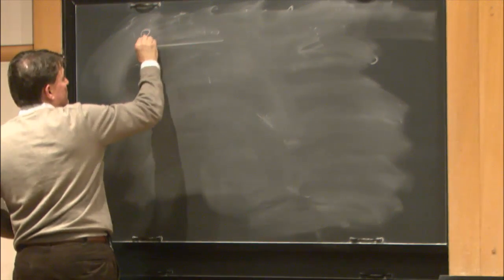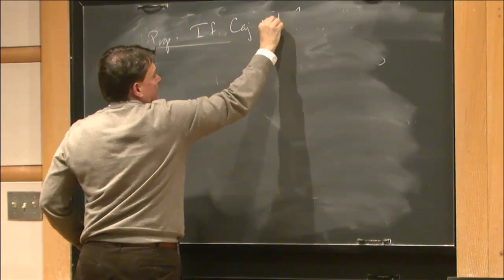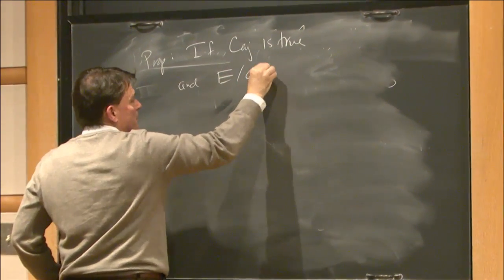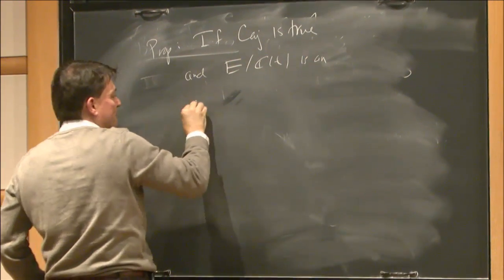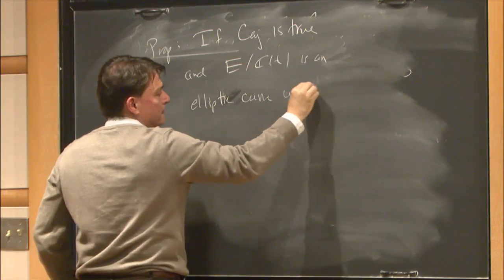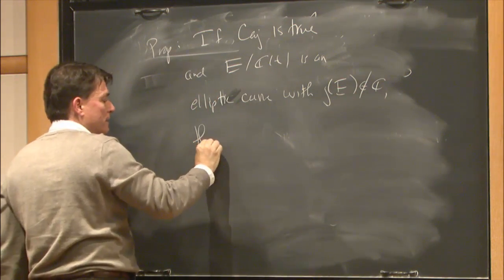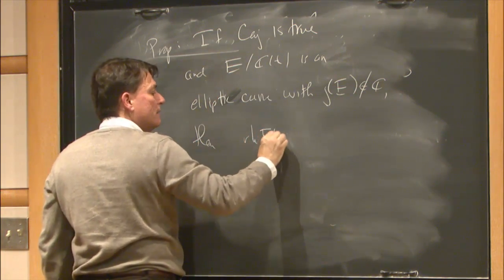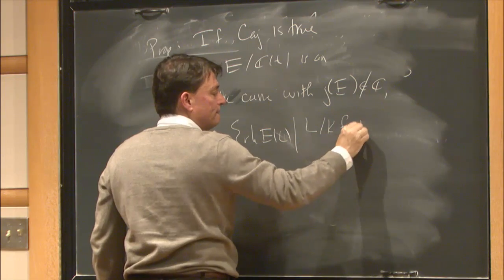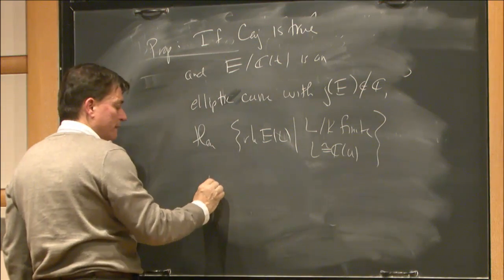It's quite easy to prove, and that is that if this conjecture is true, and E over C(t) is an elliptic curve with the j-invariant of E not contained in C, then the set of integers rank E(L), where L over K is finite and K is a rational function field, is bounded.